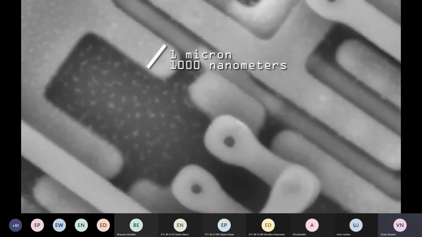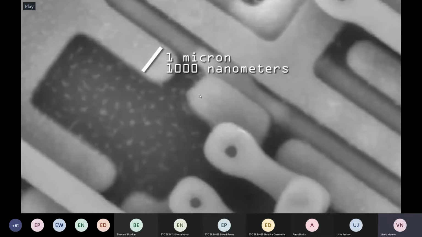The diameter of an atom is about 1 into 10 raised to minus 10, or an angstrom. So we are very near. I can say that in this width, we have nearly 1000 atoms in the width of a track.